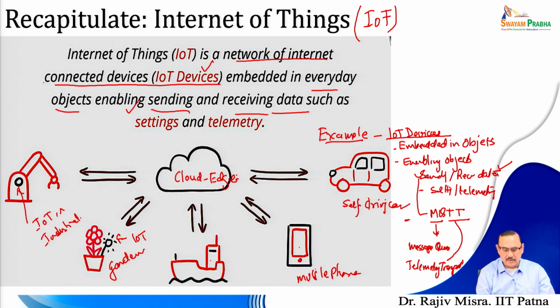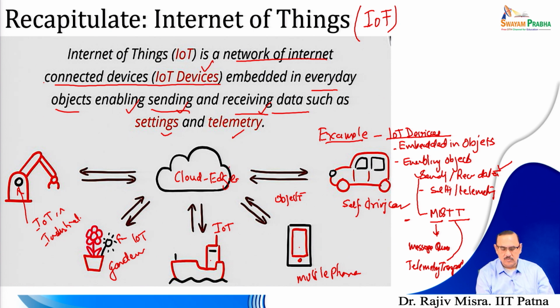Therefore, these internet connected devices, they are called IoT devices, is a network of internet connected devices which are embedded in these objects, and enabling this particular technology which is called Internet of Things for sending and receiving the data such as the settings and telemetry which will be there.